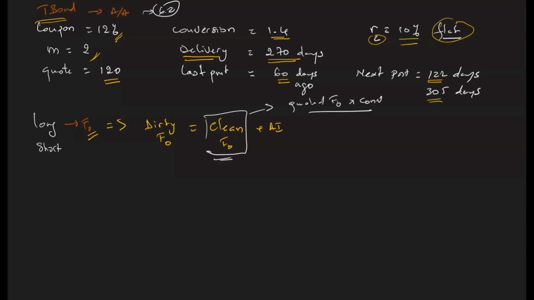So essentially we're going to have a dirty futures price, which is equal to the quoted price multiplied by the conversion ratio.